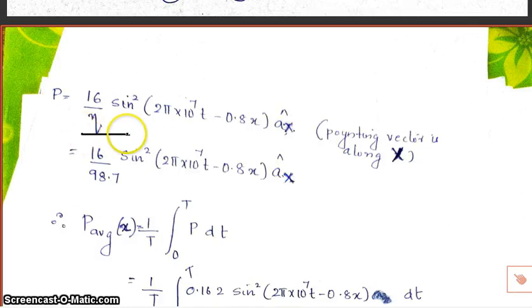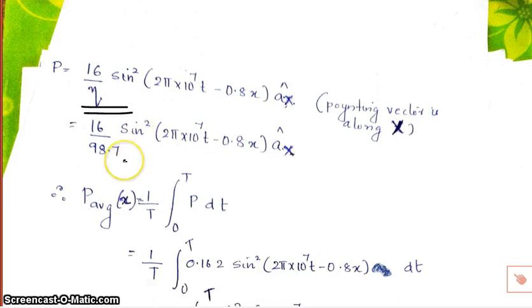Then eta we found out is 98.7, you can substitute it. Now you have to find the average power density, that is P average of x. Here I have written x to show that the Poynting vector is along the x-axis. If the Poynting vector is along the z-axis, you can write it as P average of z.